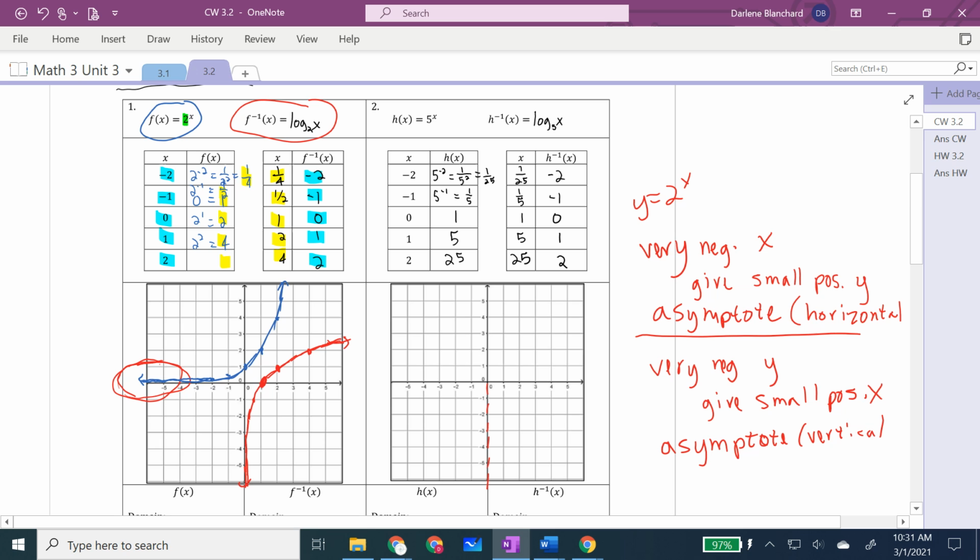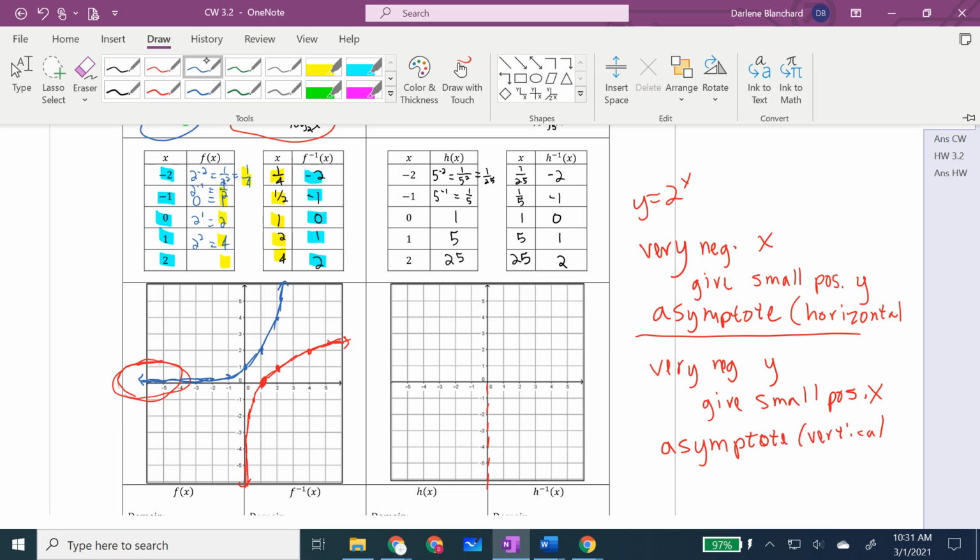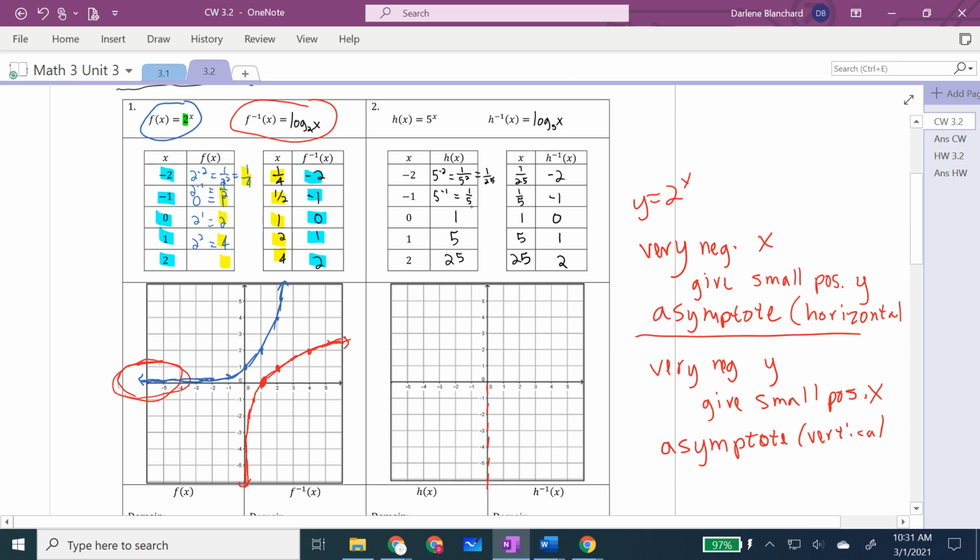Okay, now let's take a look at graphing the logarithm with base 5. And we can start by graphing the exponential function. So I'm going to put that in blue and plot those points. You may have already plotted these points. I can't plot this point, which means I'm not going to be able to plot this point over here as well.